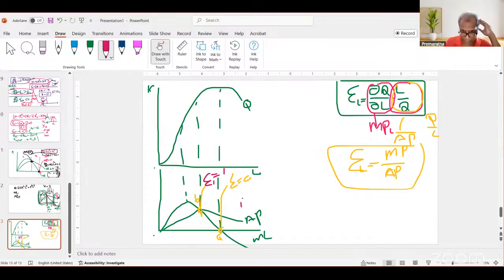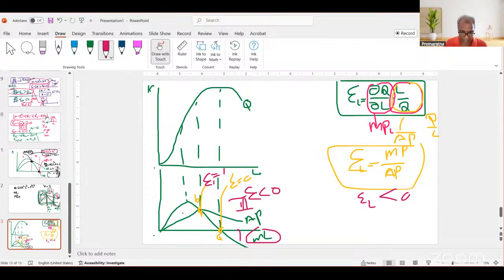Now in stage 3, the marginal product is negative, so the labor elasticity becomes negative.